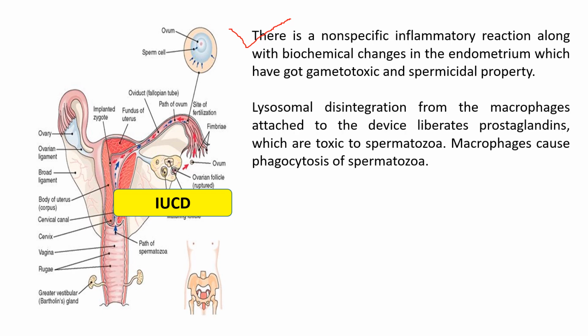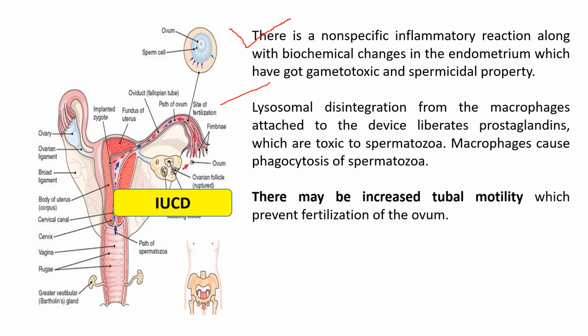Now, lysosomal disintegration from the macrophages attached to the device liberates prostaglandins, which are very toxic to spermatozoa. Macrophages cause phagocytosis of the spermatozoa. So we are inserting a foreign body here, so some kind of immune reaction will be there, and there will be release of some chemical substances. They have spermicidal activity.